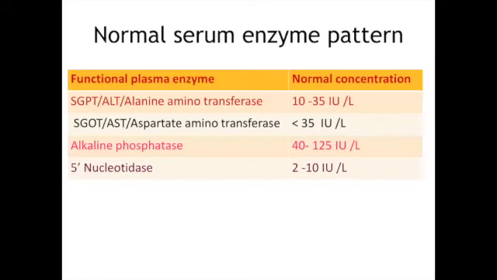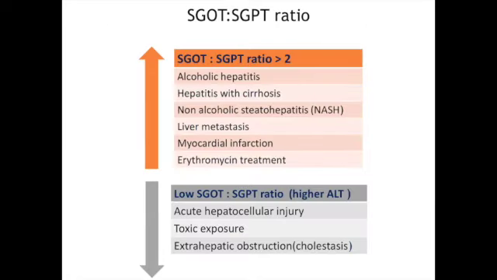So these are the normal enzyme pattern. The SGPT value will be in the tune of 10 to 35. SGOT will be less than 35. Alkaline phosphatase 40 to 125, and 5-nucleotidase 2 to 10 international units per liter. So this is the ratio which I was mentioning. In patients with alcoholic hepatitis, hepatitis with cirrhosis, the ratio of SGOT to SGPT is more than 2.